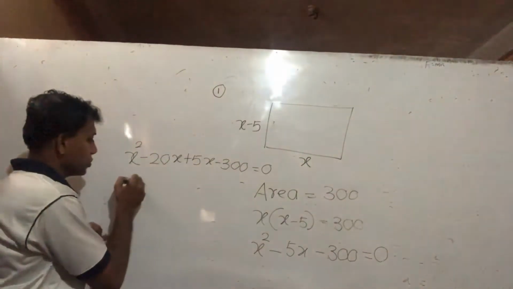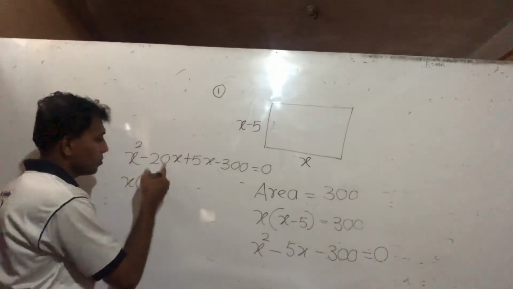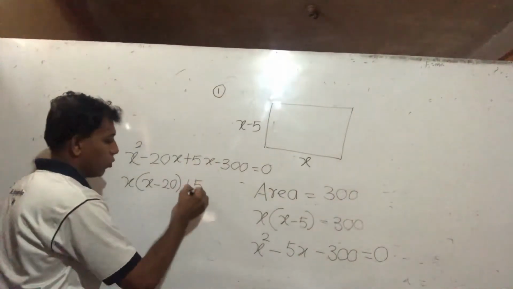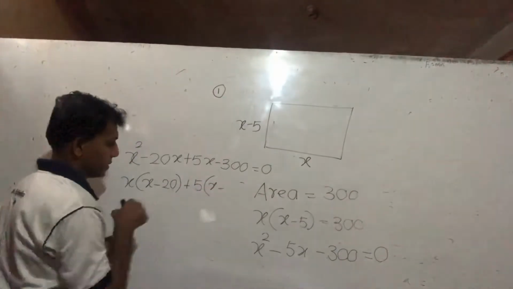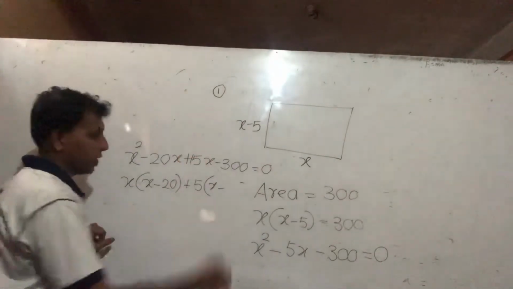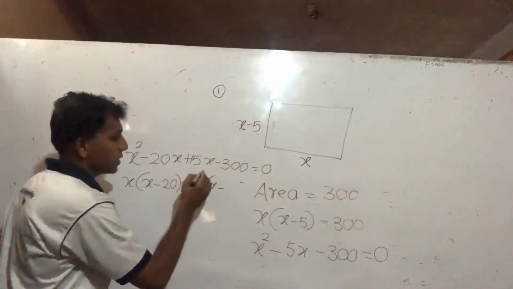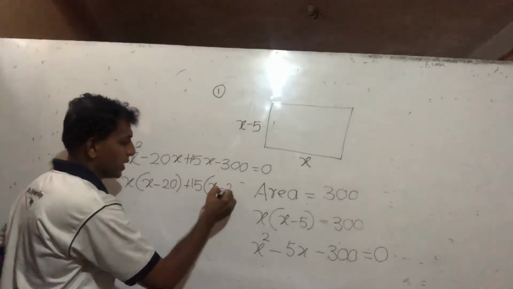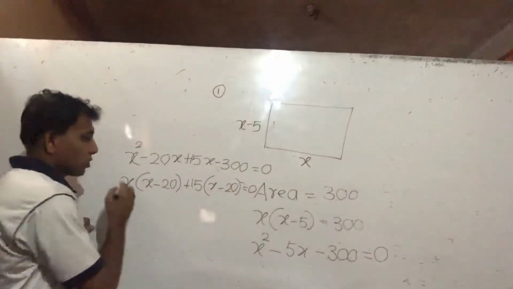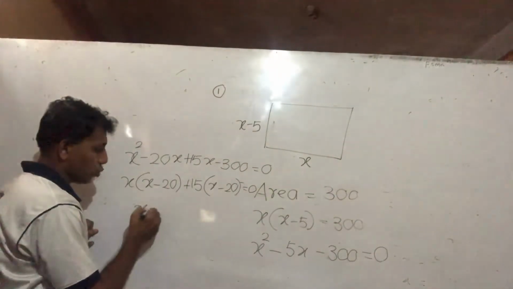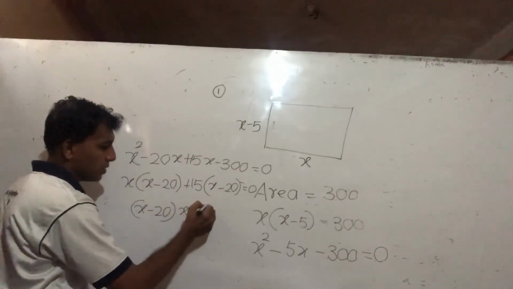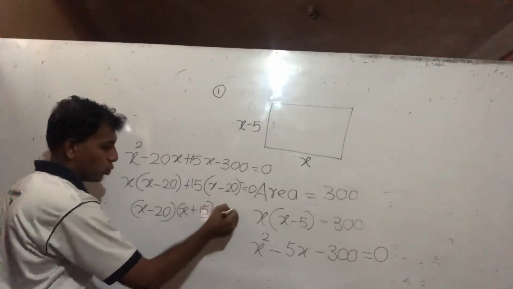Now take x out: x times x minus 20, plus, take the 15 out: 15 times x minus 20, equal to 0. So out of this, the factors are x minus 20, one factor, and the other one x plus 15, equal to 0.